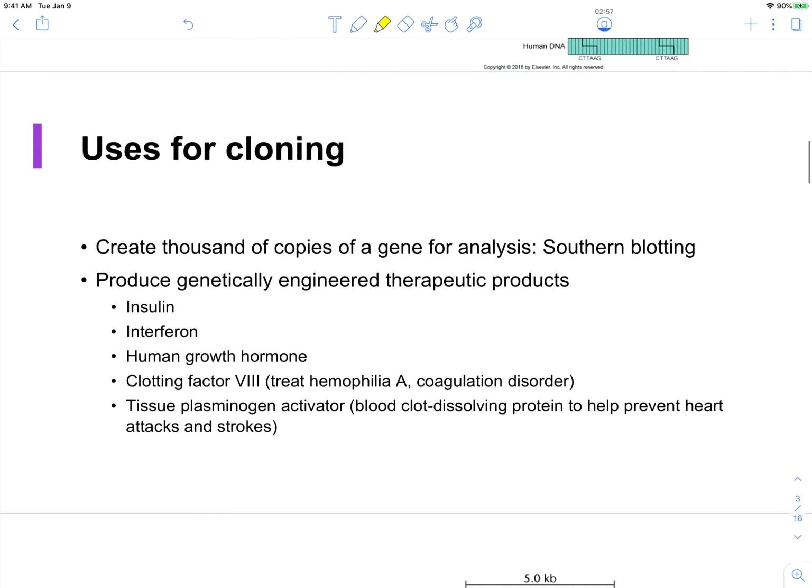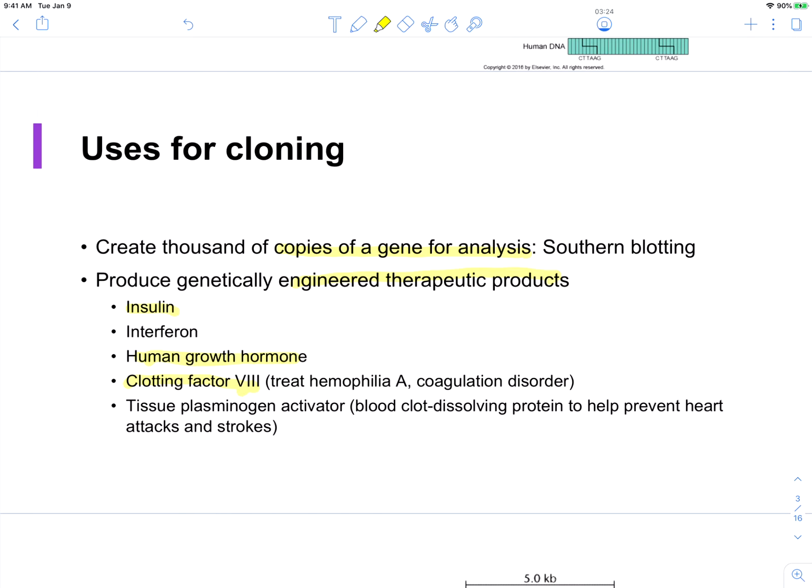So what do we use clones for? We can create thousands of copies of a gene for analysis. This is important for trying to identify what the gene is, what it is doing, and what its function is. You can also produce engineered therapeutic products. Insulin is made through cloning, as are different interferons, interferon alpha and interferon gamma, and human growth hormone to treat genetic diseases.